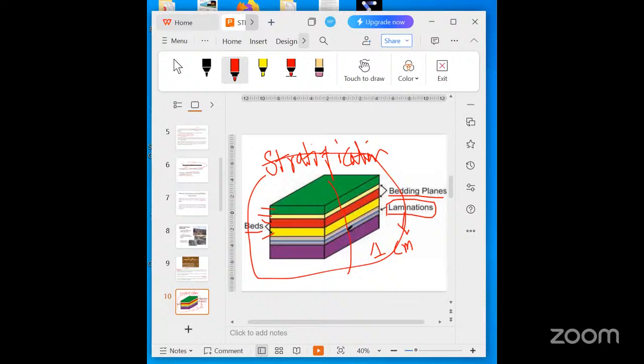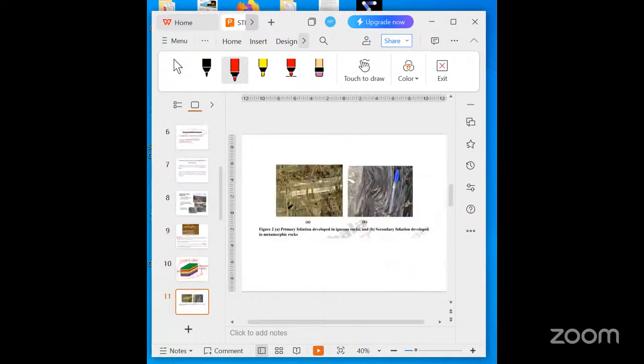Layering is also developed in volcanic rocks because of the flow of lava, right? So it is also referred to, as you see here, as primary foliation. This is called primary foliation because these are developed simultaneously with the formation of the rock.